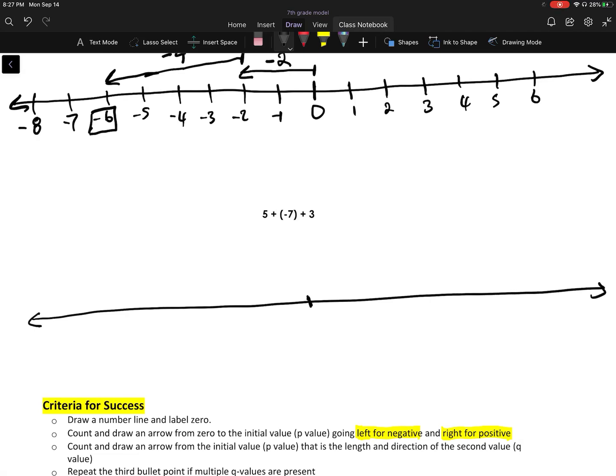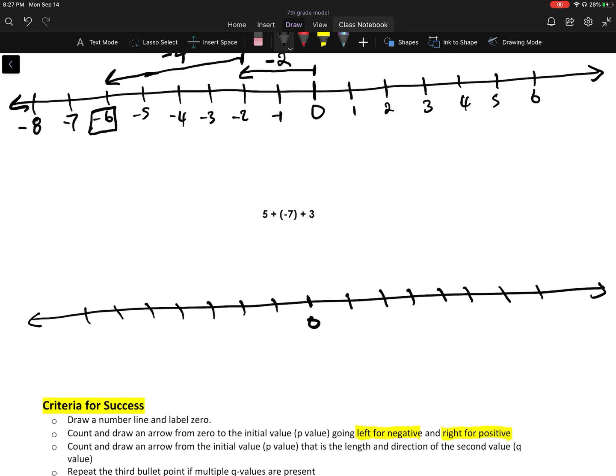Where 0 is. So 0 is right here. Put my ticks. 1, 2, 3, 4, 5, 6, 7. I'm just putting it to 7 because I don't know where it's going to lie. Okay? So I know that it's more than 5 on the right and then more than 7 on the left.